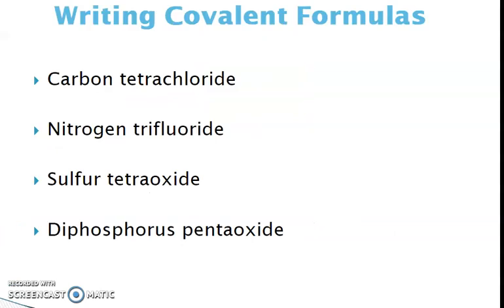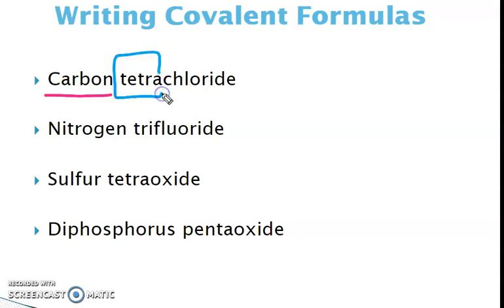All right, now the easy part of this is writing the formula. So here we have carbon tetrachloride. Okay, so we have 2 elements, carbon, and can you see the second element in the word? Sometimes it helps to block off the prefix. So my prefix is going to be tetra, and so my other element is going to be chloride.